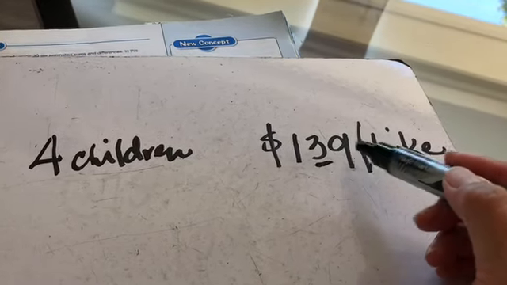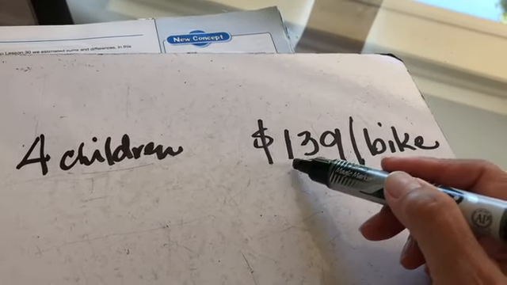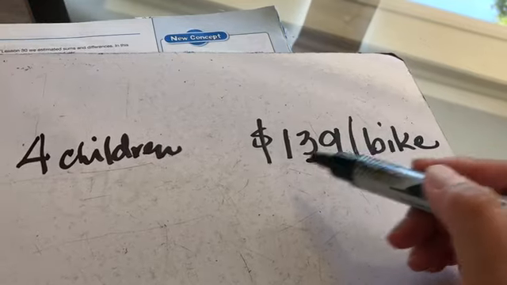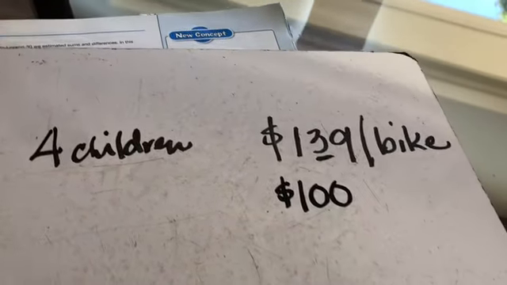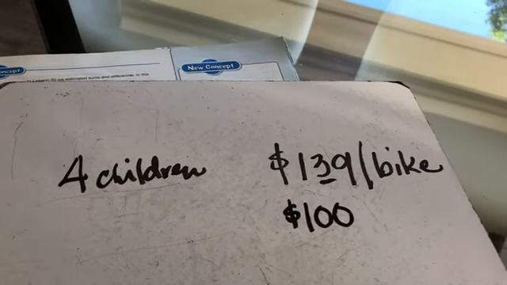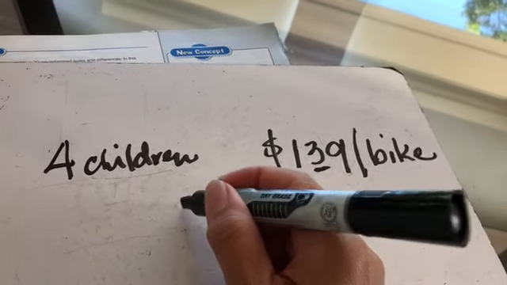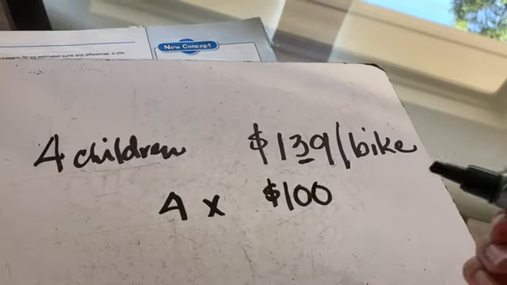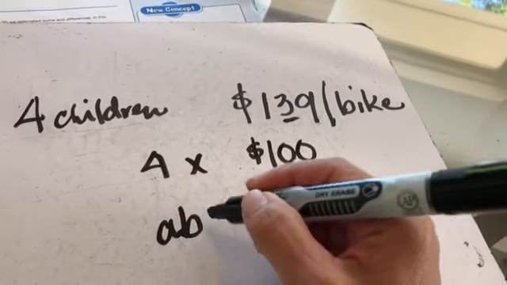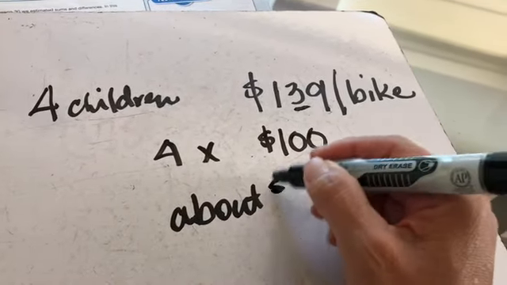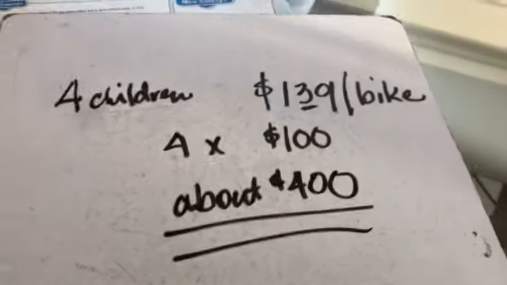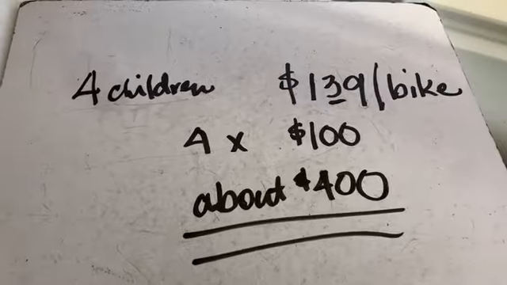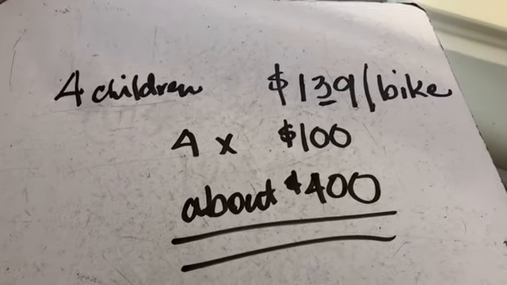If it were 5 or more, we would round this up to 200. But in this case, it's 100. And then we know we have 4 children, so it'll be 4 times 100, and your answer will be about $400.